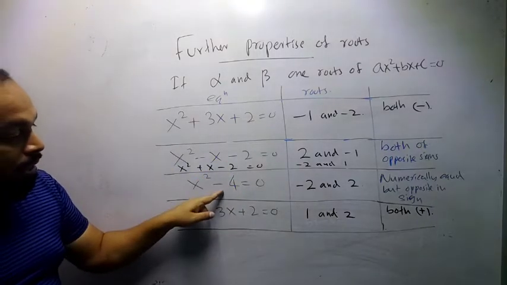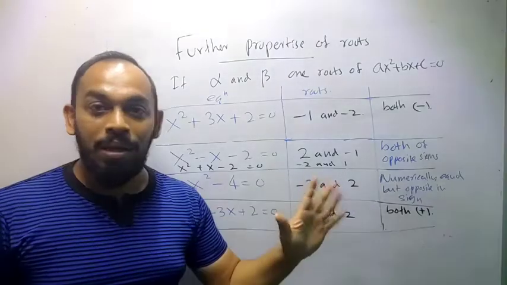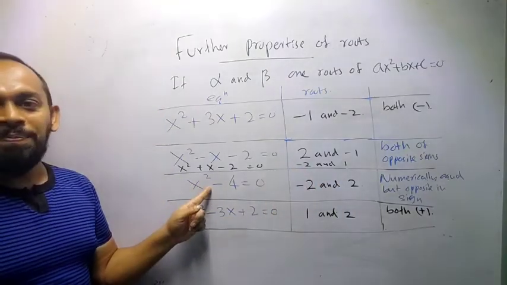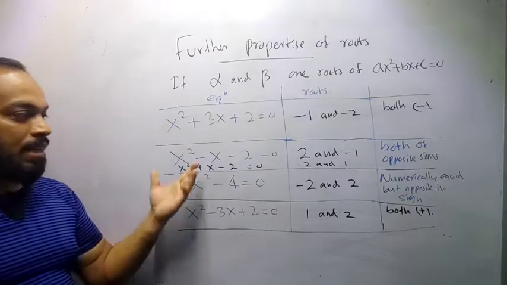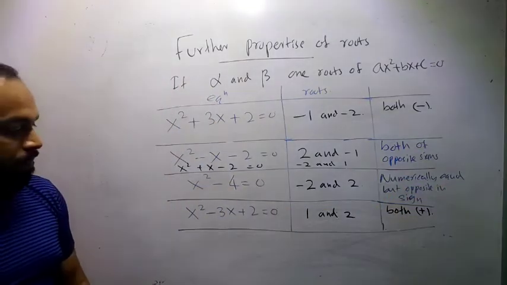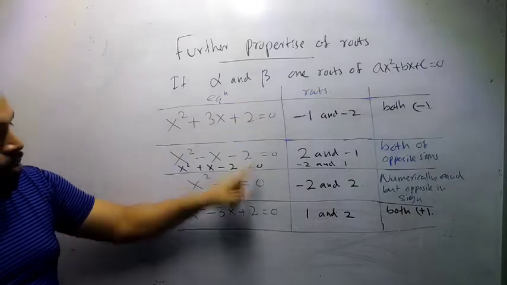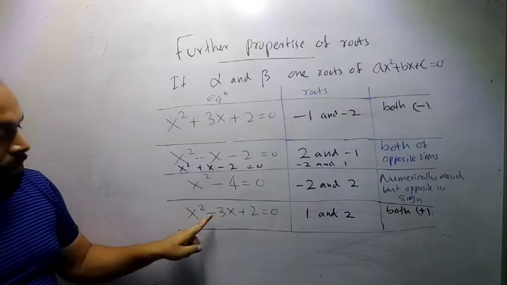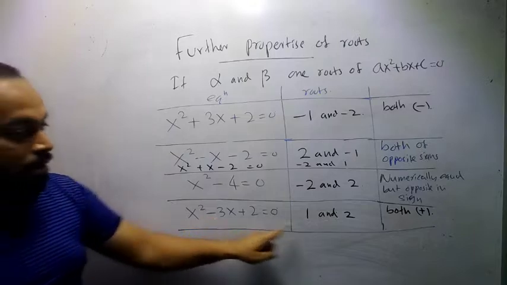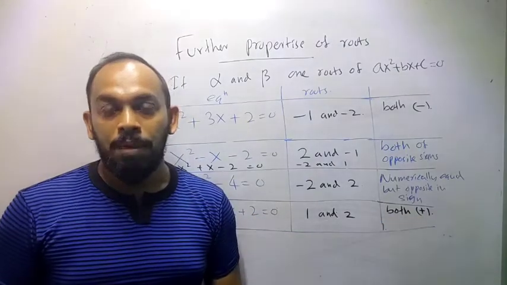The constant is negative in this case, so the roots would be of opposite signs. Now you can see the x term is missing. If the x term is missing, definitely we know that the roots would be numerically equal. And finally, you can see the constant is positive, but the coefficient of x is negative. If the coefficient of x is negative, then both roots will be positive.